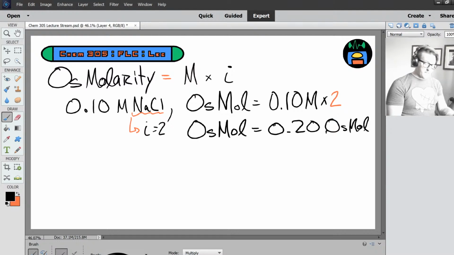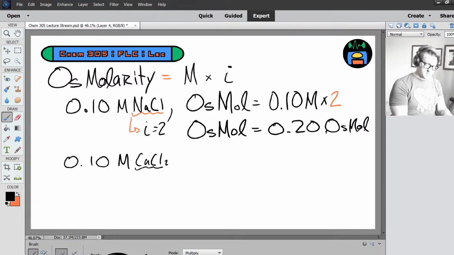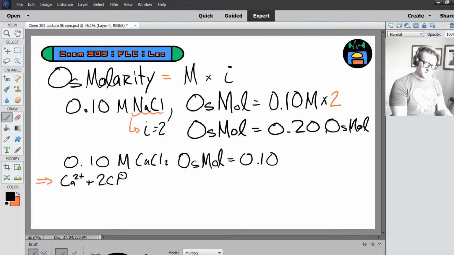All right. If you were to do this calculation for, let's say, 0.10 molar calcium chloride. All right. Here, calcium chloride breaks up into 1 calcium cation plus 2 chloride anions. So since it breaks up into 3 particles, we can calculate its osmolarity by multiplying the molarity times 3.